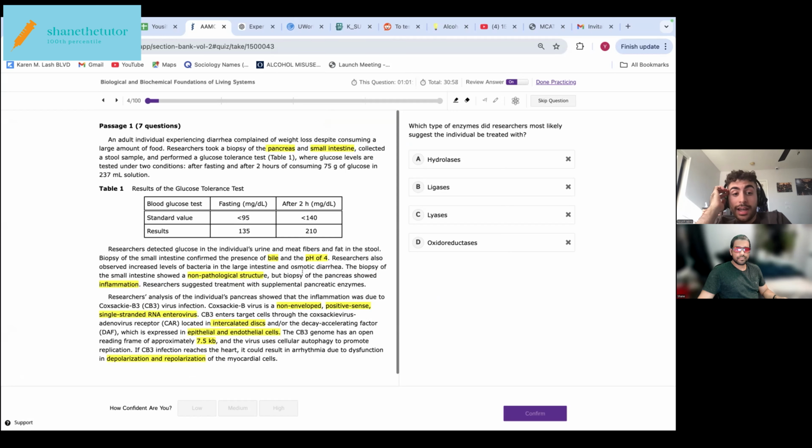The release is glucagon, but that doesn't really fit. Think about it, that has something to do with the digestive system.